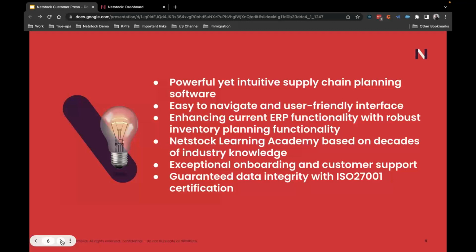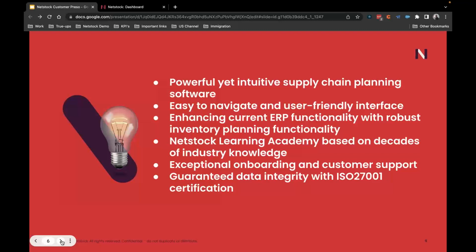Many years of supply chain planning experience has gone into our Learning Academy, and that is also available to you to help upskill planners and buyers within the business to get better at what they're doing. We believe that it's an ongoing educational process, and we keep adding to that Learning Academy as we're going along.